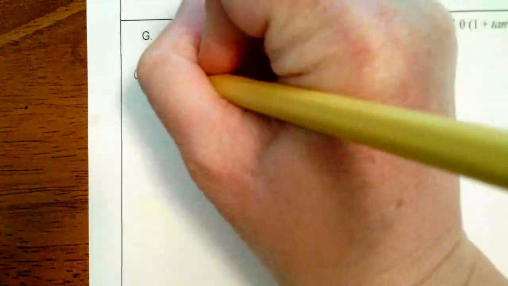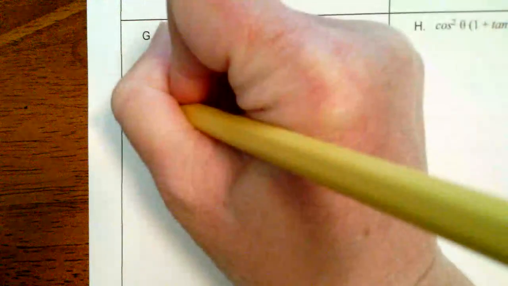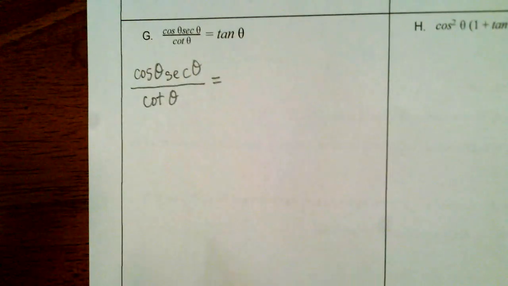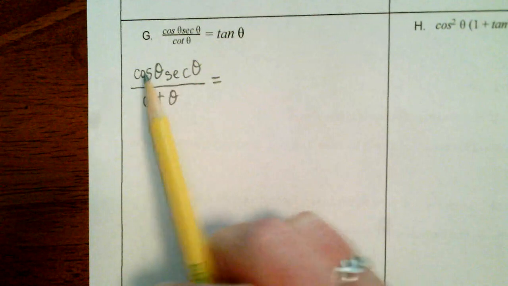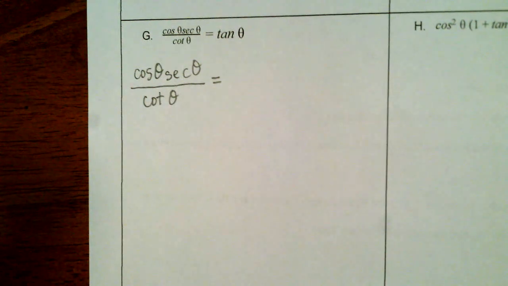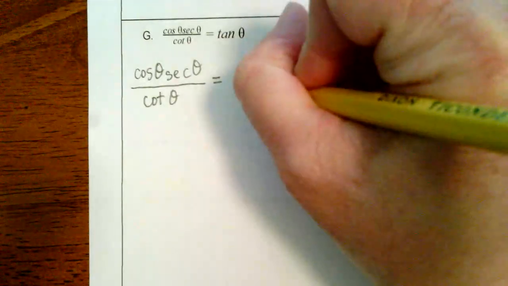For our next problem, I can see that my left side is much more complicated. So I am writing that down first. Then I see that I have cosine times secant. I remember that those are reciprocals, so now I have 1 over cotangent of theta.